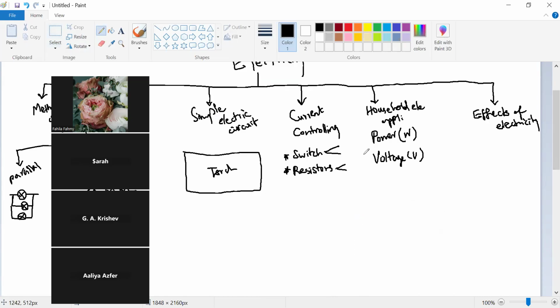We have about 5, right? Light, heat, magnetic, chemical.